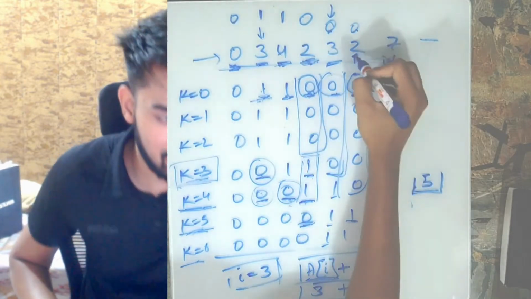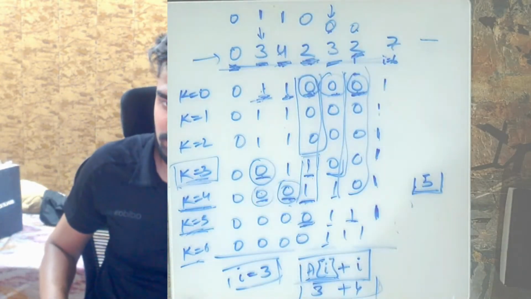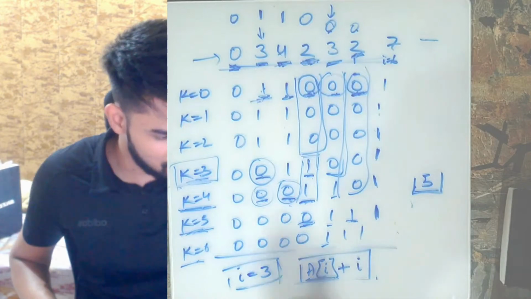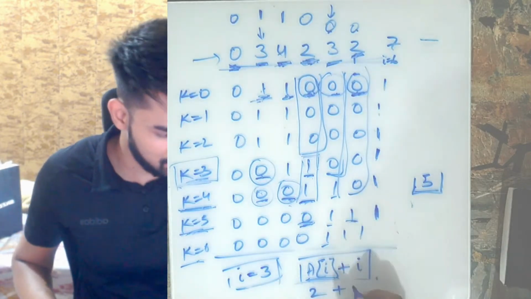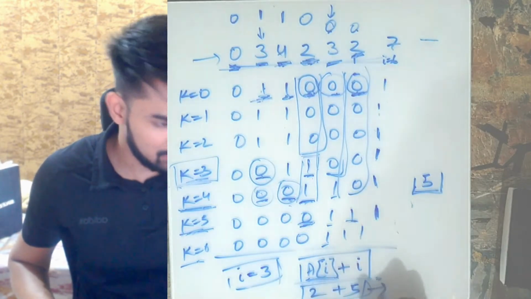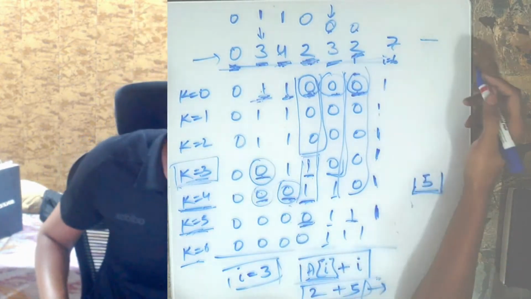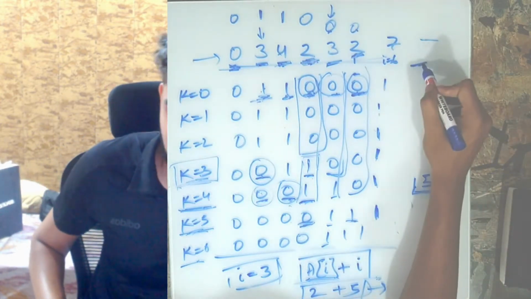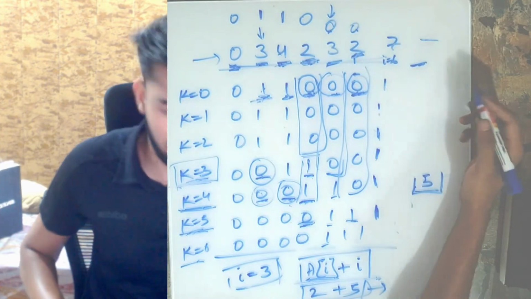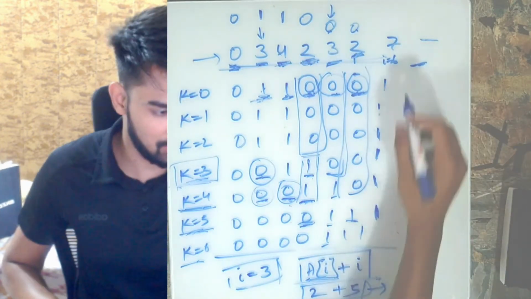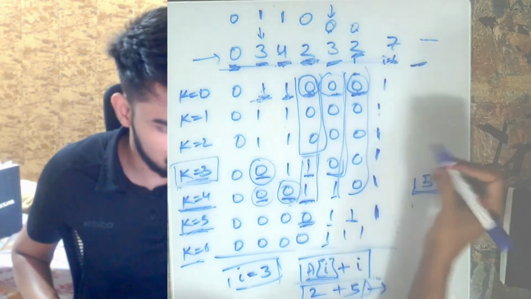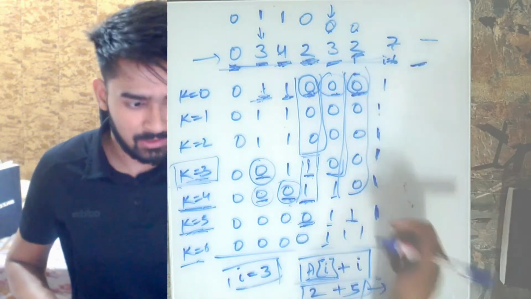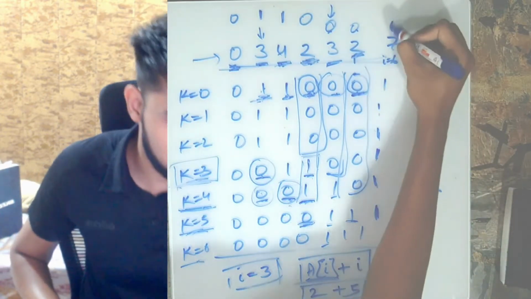How many ones? a i number of ones. So a i is 2, my i is 5, so this is 7 again. That means my next one will be at 7. But since i equals 7 is out of the scope, we can just remove that, no need of inserting that. And this is also done. We pop this out. Now, since my queue is empty, I can just say this is 1.